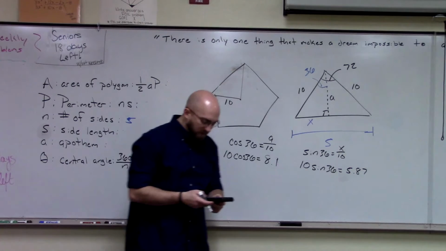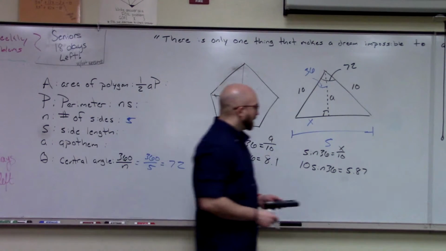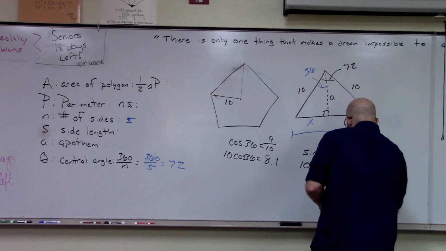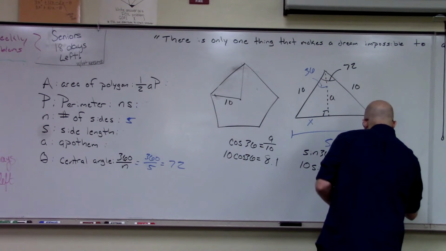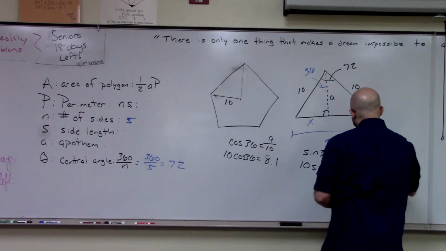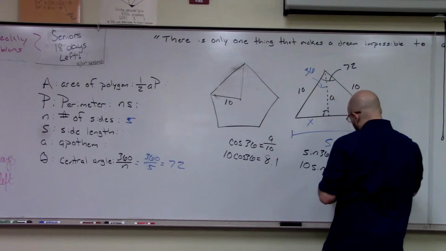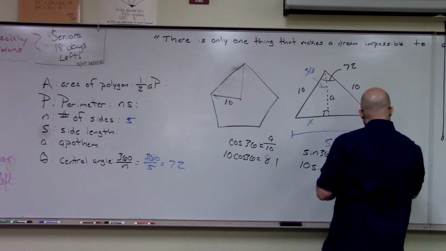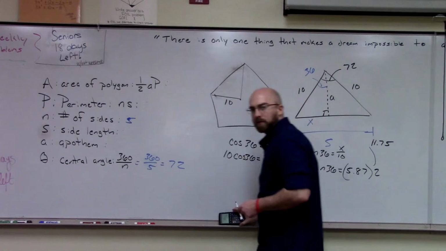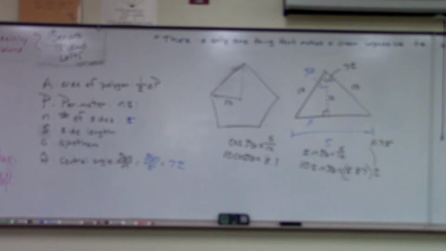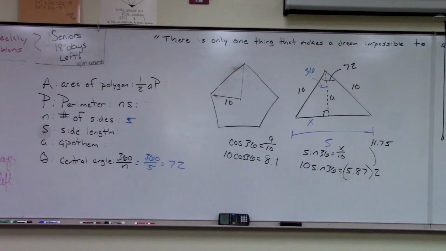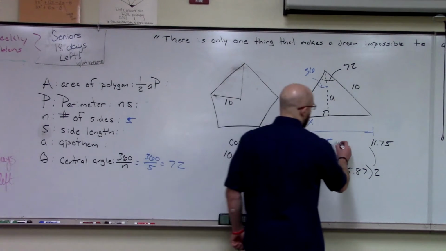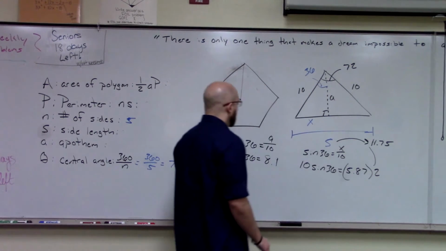So go ahead and multiply that by 2. We multiply this by 2, and we get s equals 11.75. Go ahead and make sure the camera can see that. So s equals 11.75.